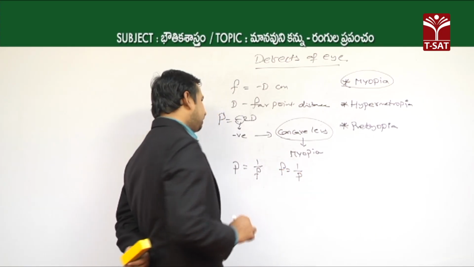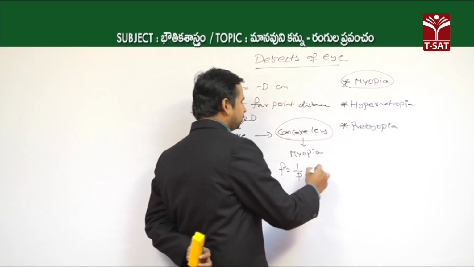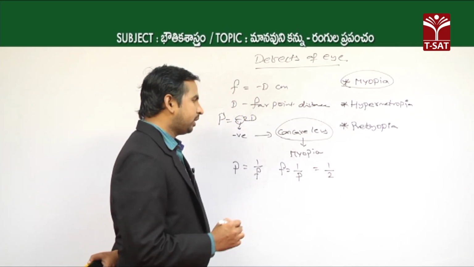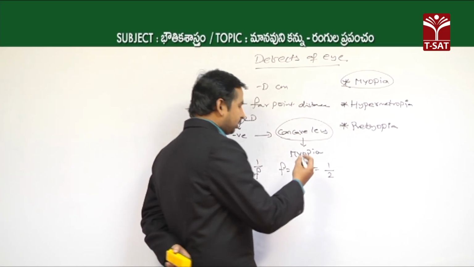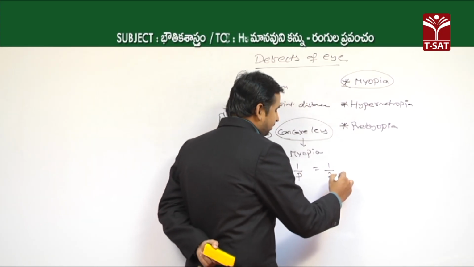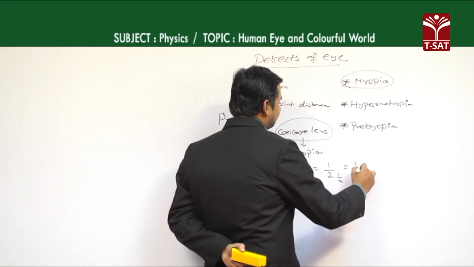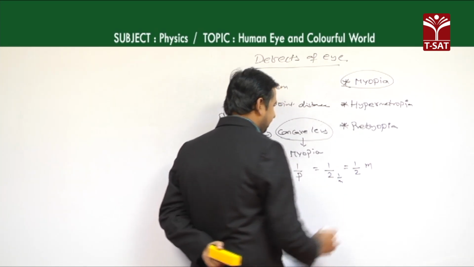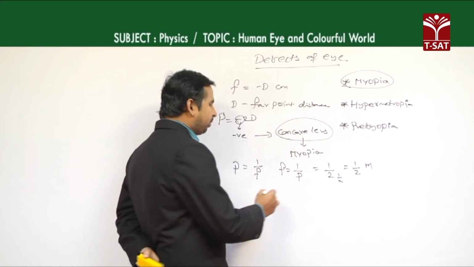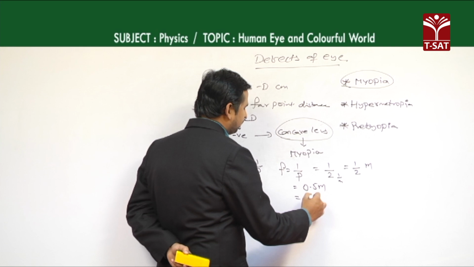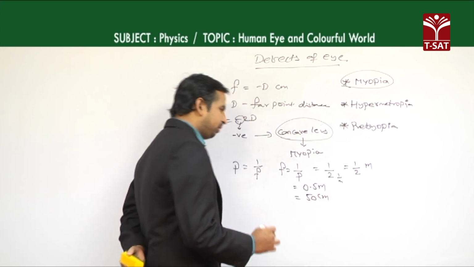As it is given as 2D, that is 2 diopters, and the diopter is nothing but meter inverse, so 1 by meter inverse. Then it becomes 1 by 2 meters, which is 0.5 meter, or you can also take that as 50 centimeters.